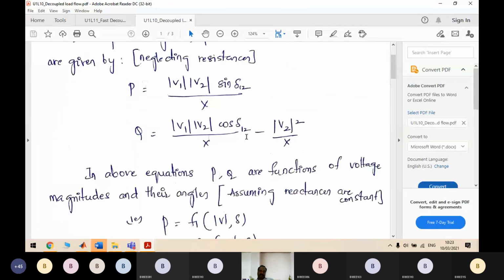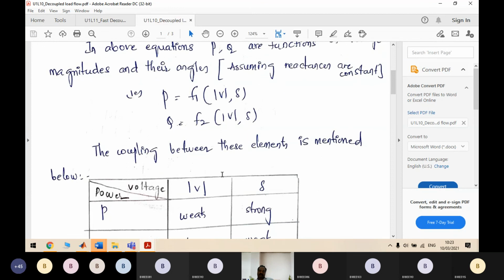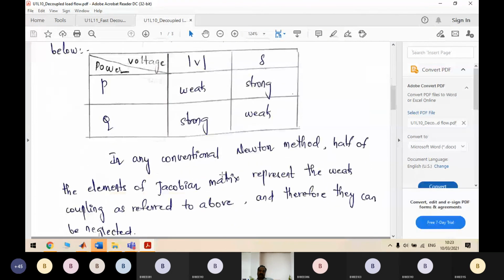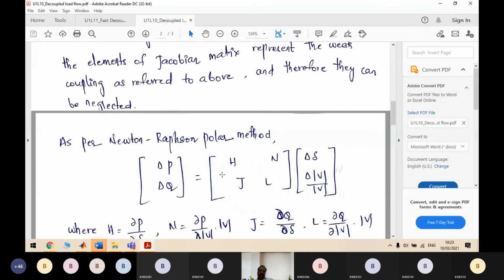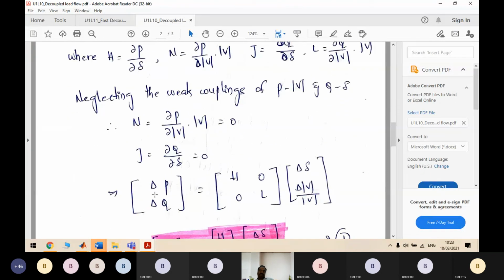We started with active power and reactive power. We have seen what the weak couplings and strong couplings are, tabulated them, and neglected the weak couplings.